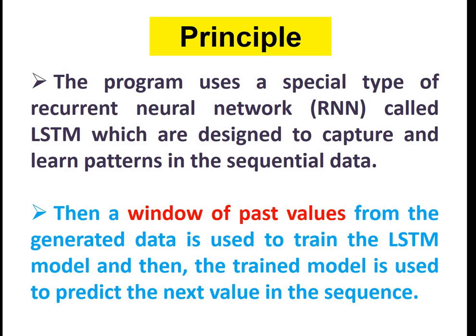We already discussed that the vanishing gradient problem in RNN has been overcome in the LSTM network. Then a window of past values from the generated data is used to train the LSTM model, and then the trained model is used to predict the next value in the sequence.